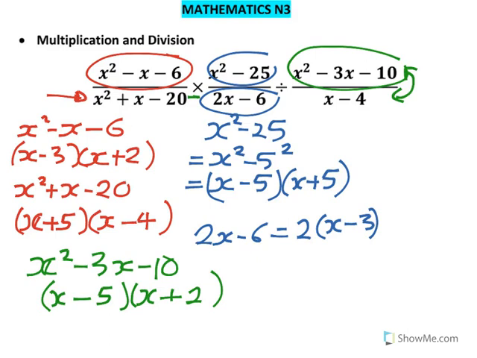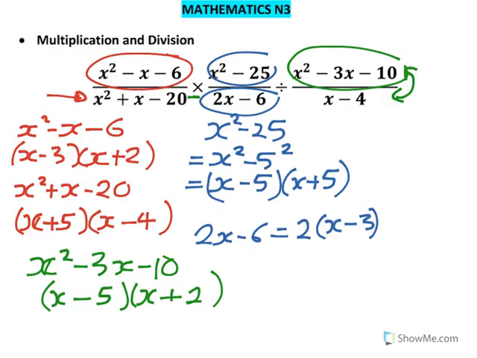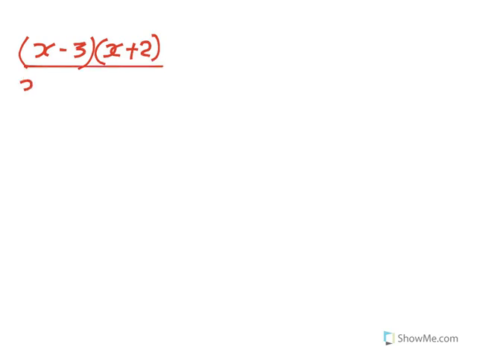For the top one, x squared minus x minus 6, you're going to have x minus 3, x plus 2. We move on. X squared plus x minus 20, we have x plus 5, x minus 4.